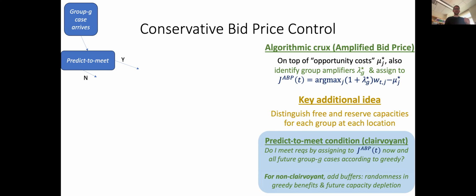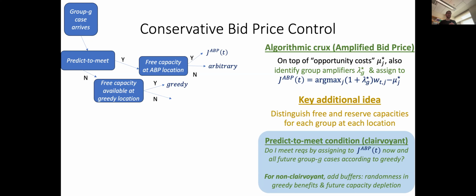If it's satisfied, meaning if we predict that we could start tomorrow assigning people greedily, and just for the rest of today, we can assign based on the amplified bid price control, then we would like to just follow the amplified bid price. So if there is free capacity at the location chosen by the amplified bid price control, then we follow the amplified bid price control, else we just assign arbitrarily.